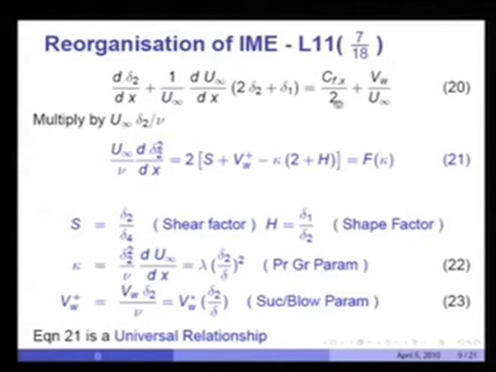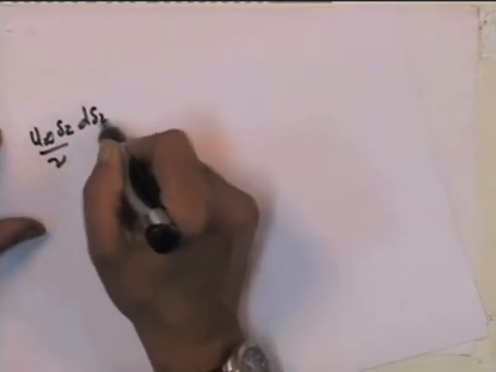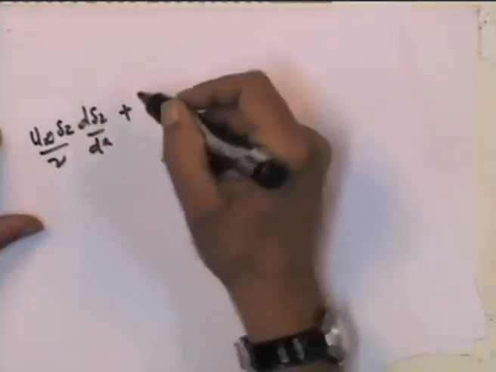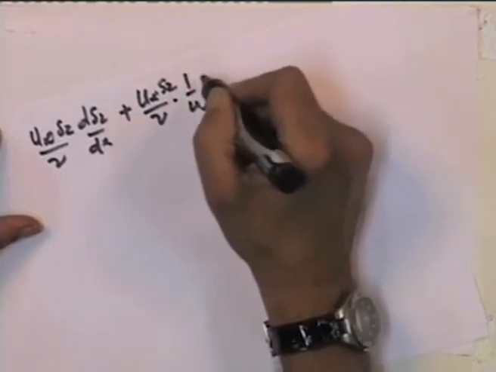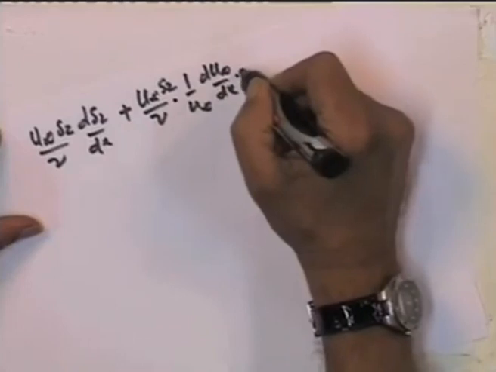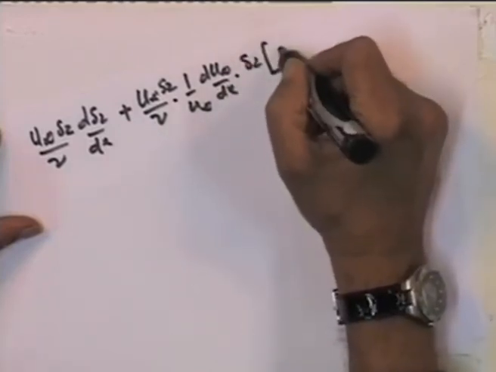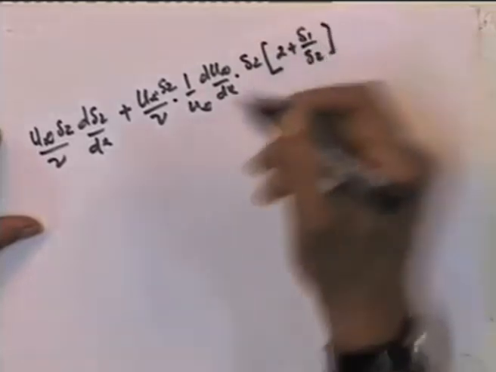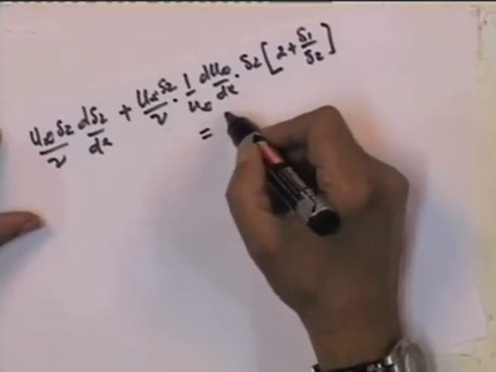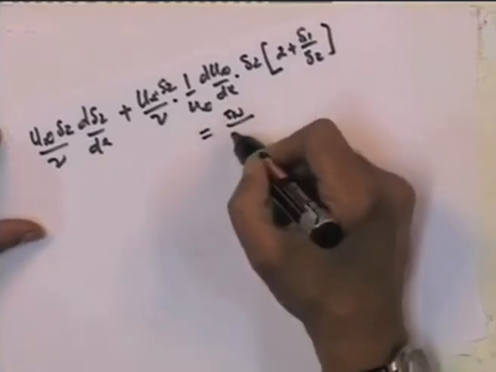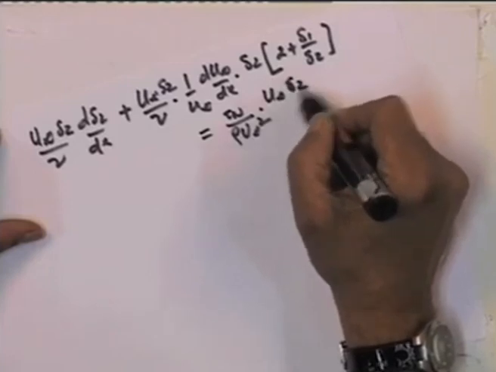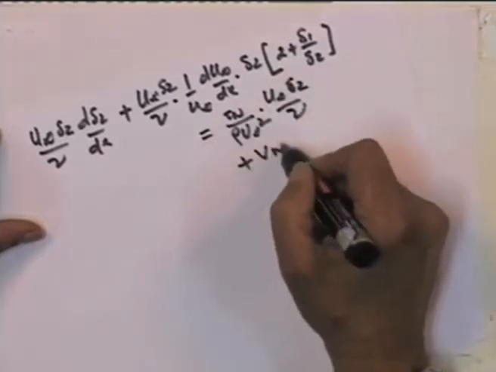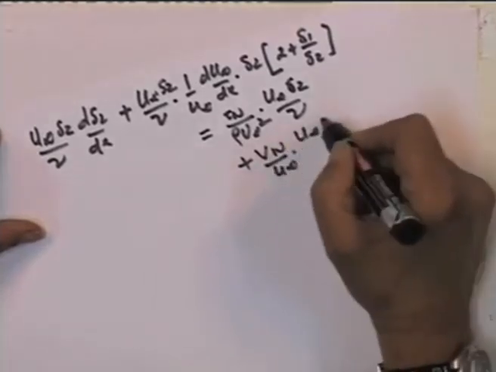So, you will see that our equation would now read as u infinity delta 2 by nu d delta 2 by dx plus u infinity delta 2 by nu divided by 1 over u infinity du infinity by dx plus delta into delta 2 into 2 plus delta 1 by delta 2 equal to C f x by 2, which is tau wall over rho u infinity squared into u infinity delta 2 by nu, plus v w by u infinity into u infinity delta 2 by nu.